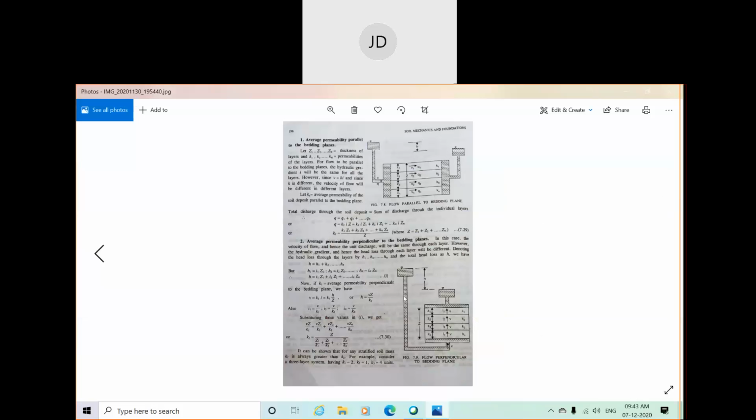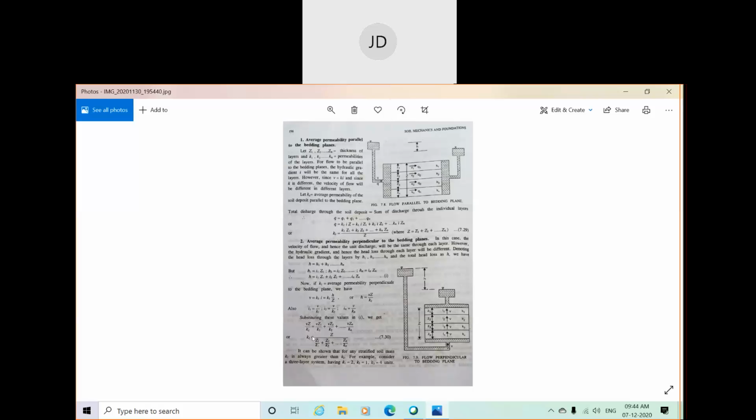Here I think you can see this image. This image is also taken from Soil Mechanics and Foundation Engineering by B.C. Punmia, on page number 196. You can also refer to different books, not a big deal. Here you can see two cases are given, and some derivations are given to find finally the kx, and here kz.